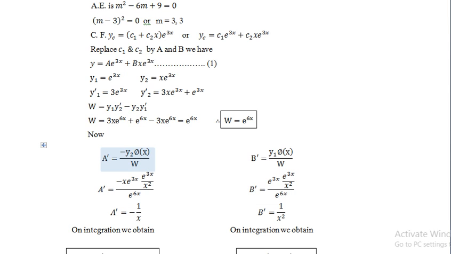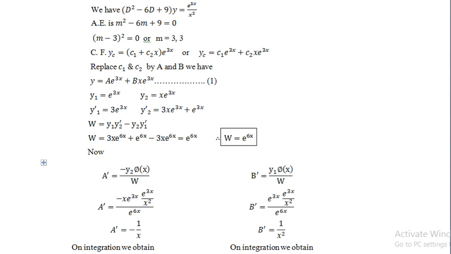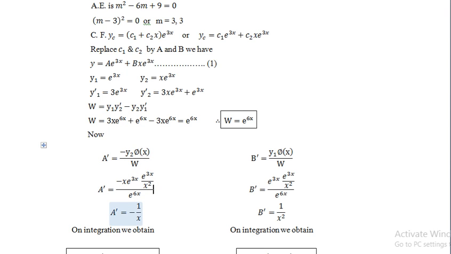So the a dash formula is minus y2 phi of x by w. So use y2 as x e to the power 3x and phi of x, so our phi of x is e to the power 3x divided by x square. Then the whole divided by e to the power 6x here.